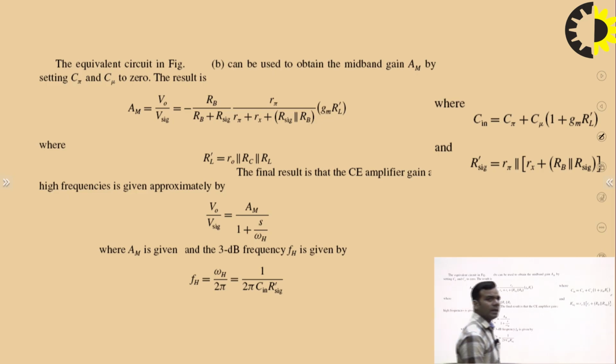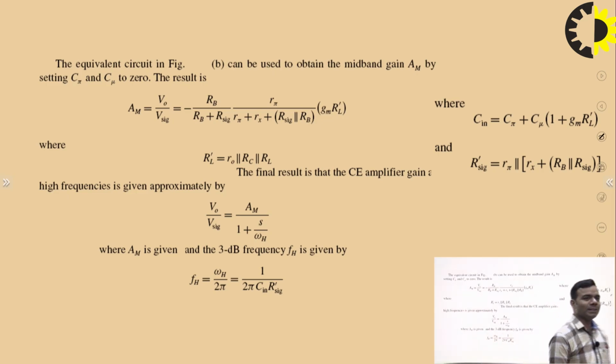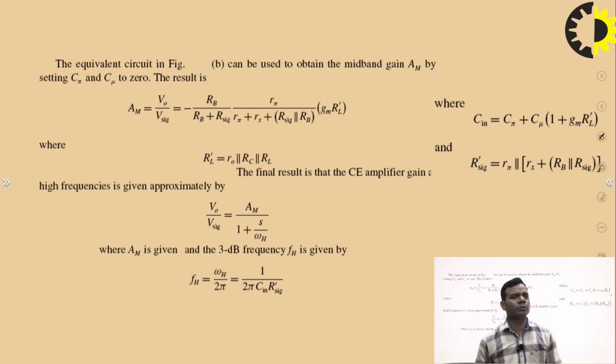Now, let us find out the midband gain for this circuit. At midband, C pi and C mu will be 0.